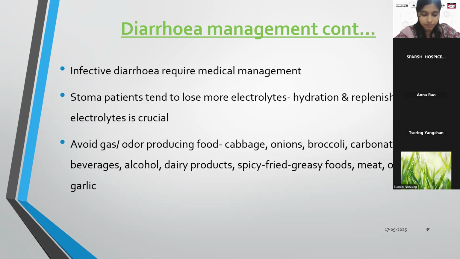So there will be depletion of these things. See to it that the patient is well hydrated and he receives a good amount of electrolytes also. Any dairy products, spicy foods and all can cause gas also, and odor also, so they should be avoided. Next slide, ma'am.